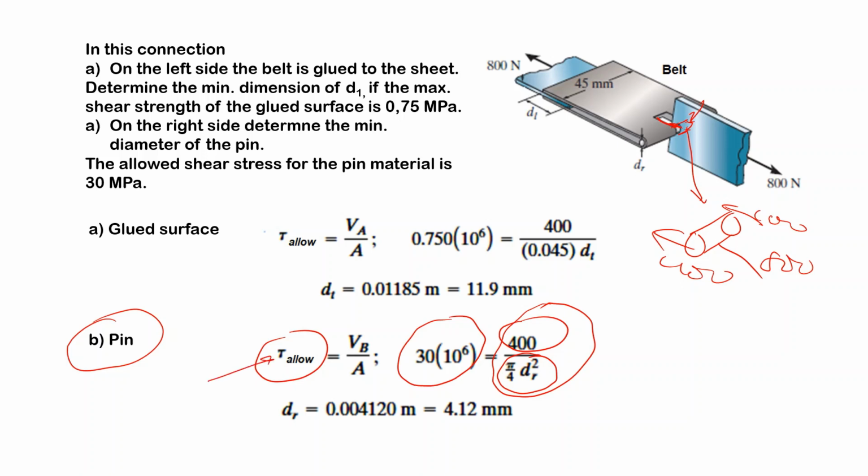The failure shear strength divided by the factor of safety gives the allowed shear stress. If you solve this equation, you find that d_r, the diameter of the pin, should be a minimum of 4.12 millimeters.